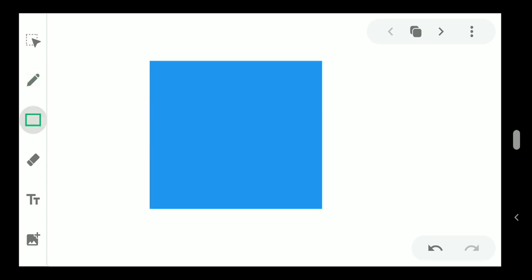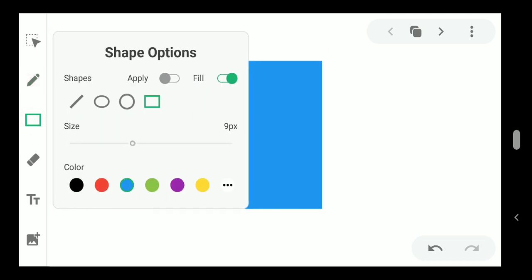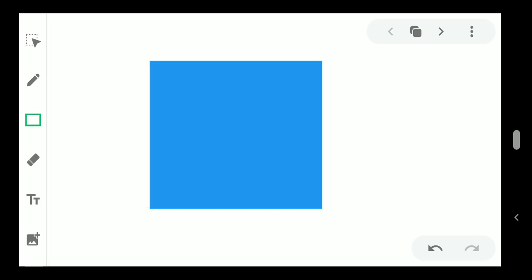Okay, and we have our benches. Let's say we have 9 benches. 1, 2, 3, and all of these benches, I cannot draw accurately, but all of these benches are 1 meter apart from each other.